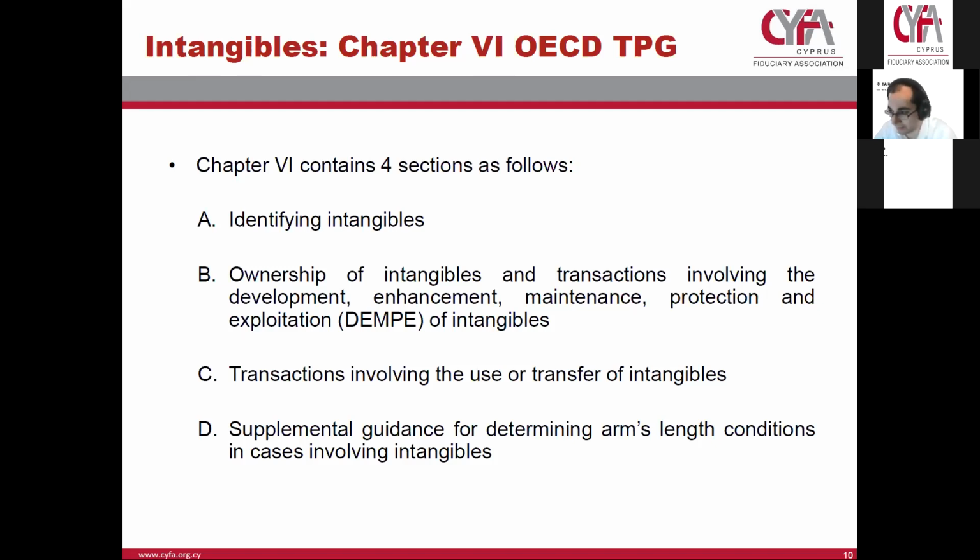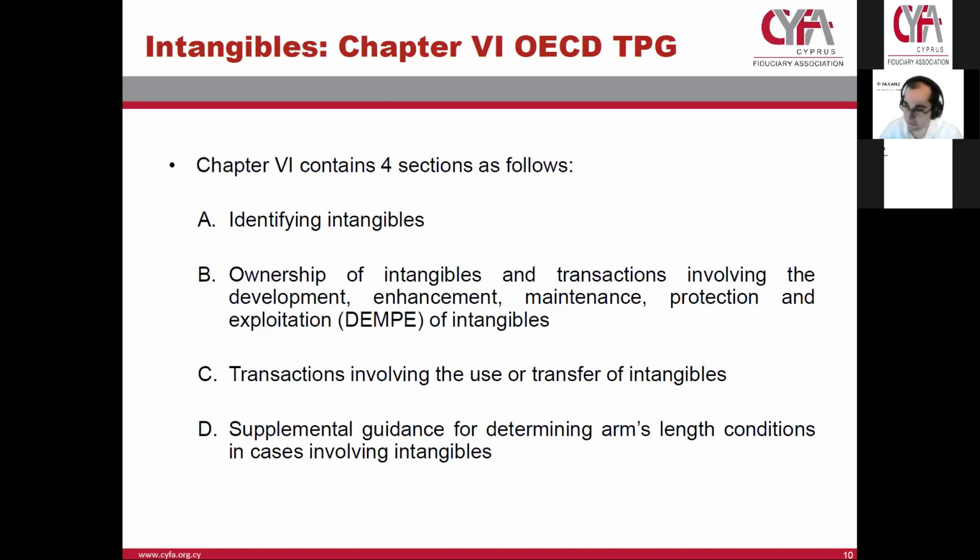They talk about identifying intangibles, and then they talk about a concept that will be extremely important and we'll discuss further, which is the DEMPI functions. So in order to understand the difference between mere legal ownership and economic ownership, and I know this is familiar to many of you because, of course, in Cyprus the concept of economic ownership is also provided in the IP regime that we'll not discuss here.